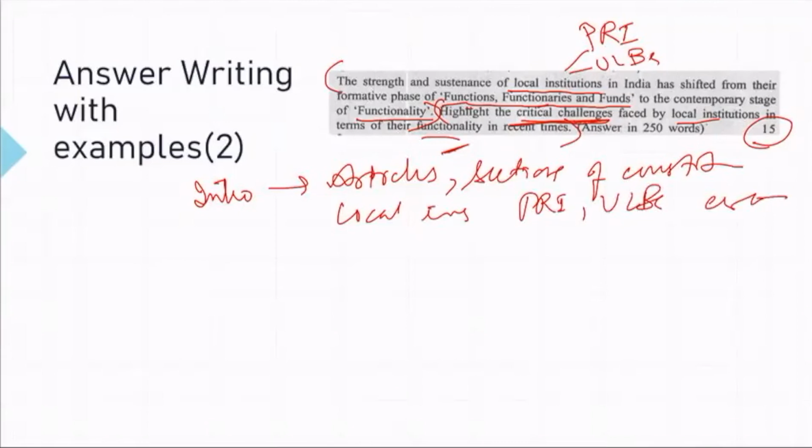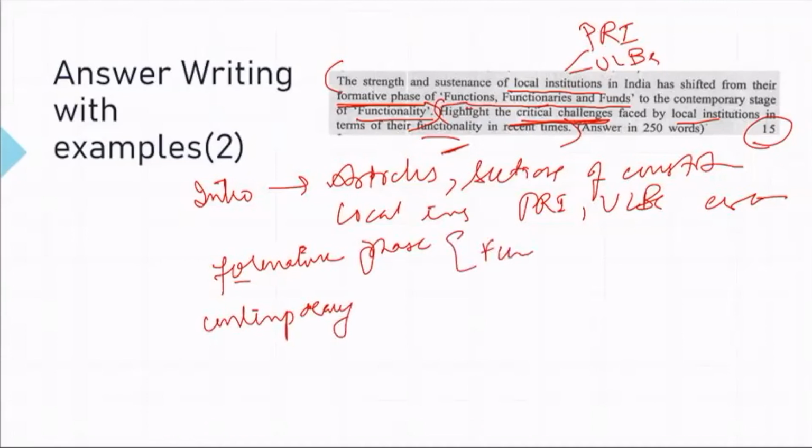Then I'll talk about the formative phase, what they were, and how the thing has now shifted to the contemporary stage. This whole stuff should not take more than one page, and ideally it should get completed in 75% of the first page.